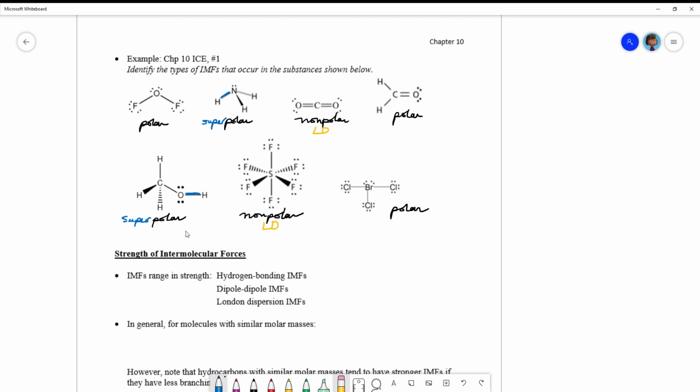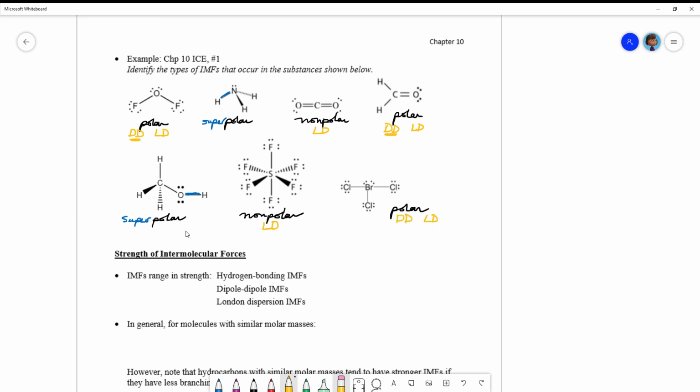and so it's regular polar. Now, if it's a regular polar molecule, this means that the IMFs are both dipole-dipole and London dispersion, where dipole-dipole is the predominant type of intermolecular force. So I'm going to write that over here: dipole-dipole and London dispersion, dipole-dipole being more important. And same thing over here.